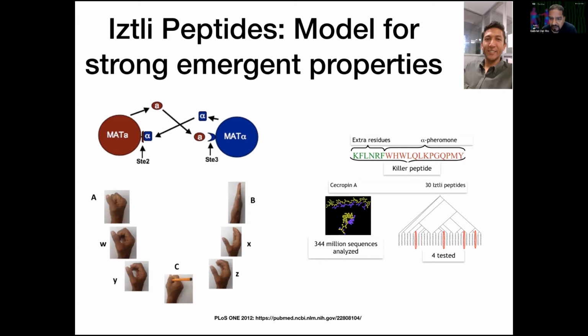And once this antimicrobial peptide is inside the cell, it may recognize the mitochondria as a bacterial membrane and will destroy this membrane, killing the cell. Well, the pheromone, or having yeast cells without a functioning mitochondria, is not capable of killing yeast cells. However, these peptides that we refer to as the Ishli peptides were able to kill the cells, and this activity was identified as an emerging property.